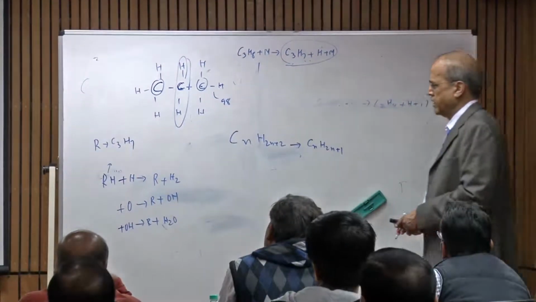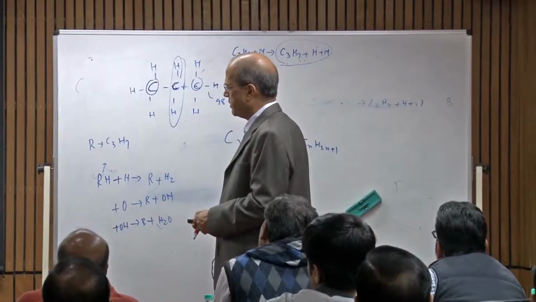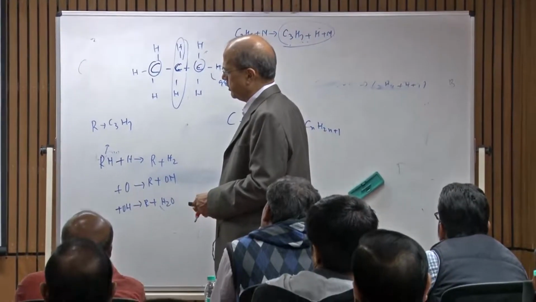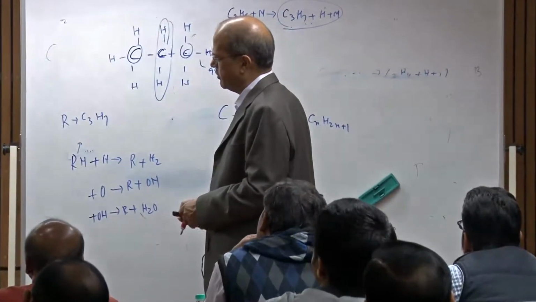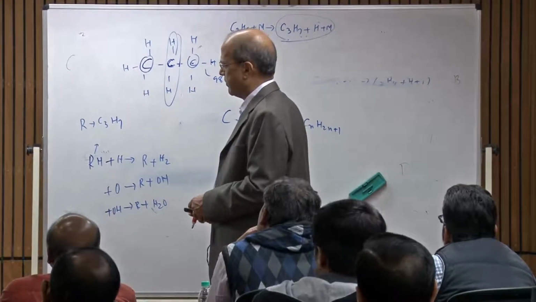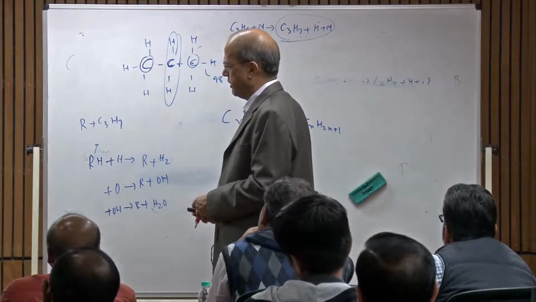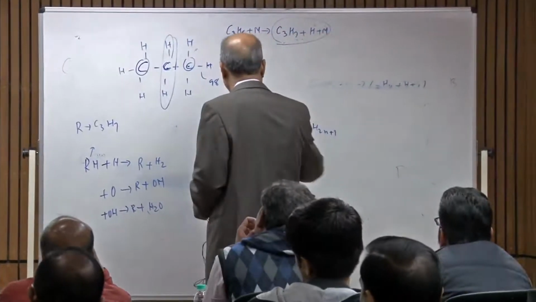And which bonds are broken? This is very well known. To understand chemical kinetics and reaction mechanisms, we have to understand this beta scission rule. These are also called beta bonds. So let's discuss this in some detail.